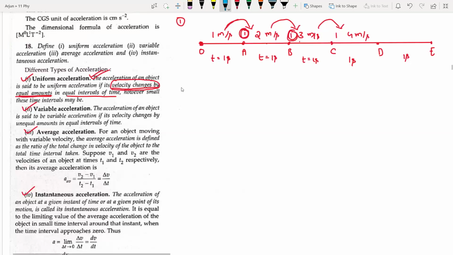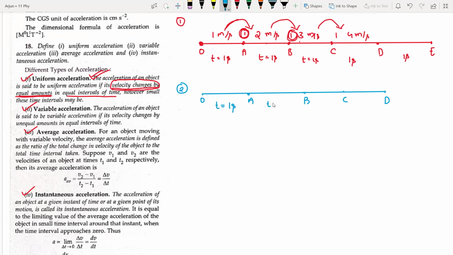So second, same concept only we can take. Now consider body is traveling and this point is origin O, A, B, C, D. Same as the first example, from O to A, it is covering 1 second.